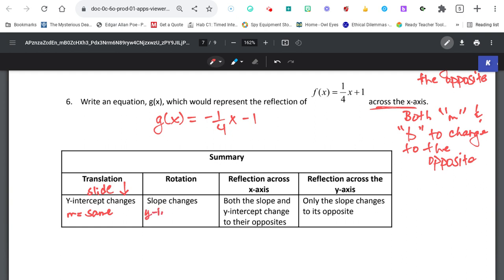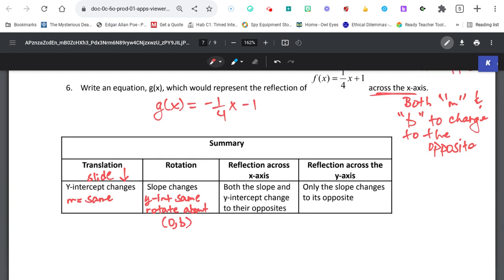The y-intercept is the same. And it's going to rotate about the origin, a fixed point, the fixed point 0, b. On x-axis reflection, both the slope and the y-intercept change to the opposites. On the y-axis reflection, only the slope changes to its opposite.